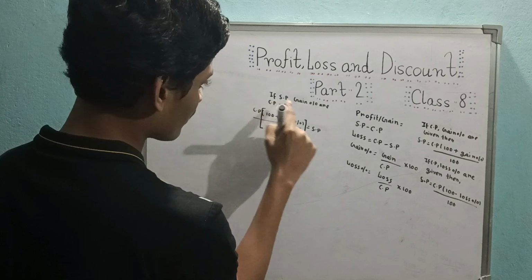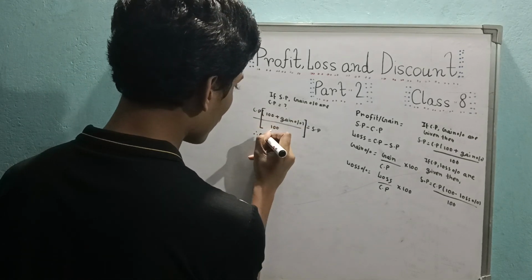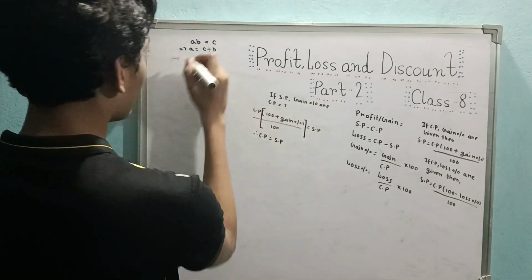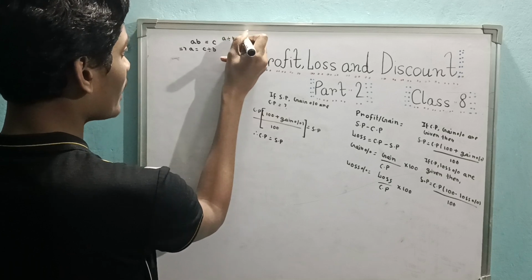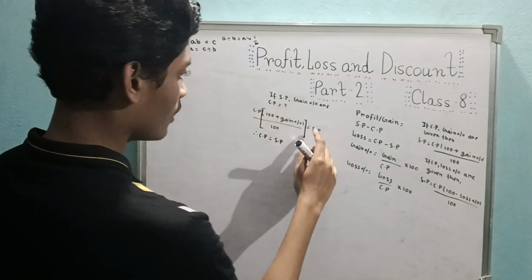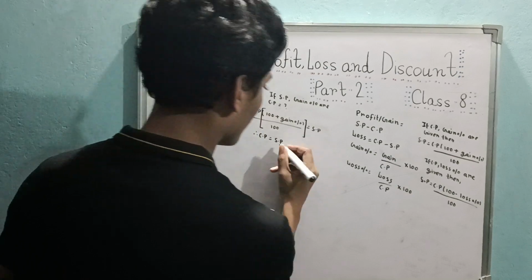Similarly, CP multiplied by this equal to SP. Therefore, CP equals what? SP divided by this. But we know A divided by B equals A into 1 by B, meaning it gets reciprocated. So SP divided by this will be SP into the reciprocal of this.